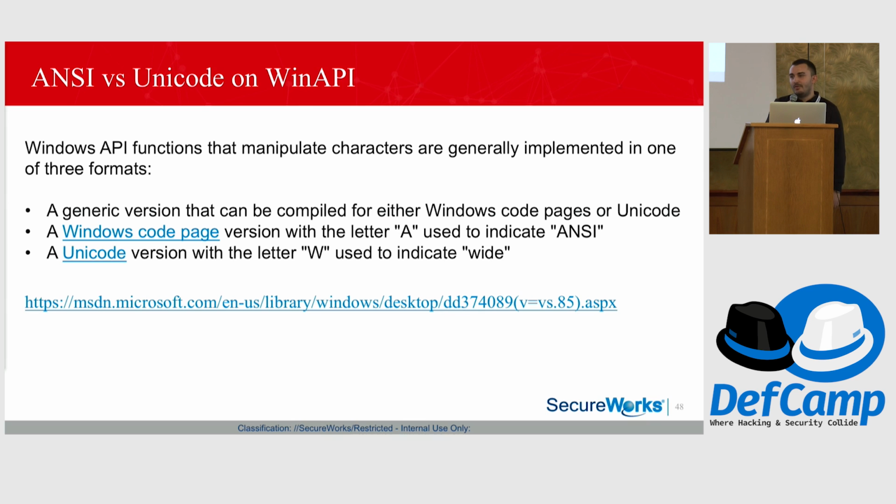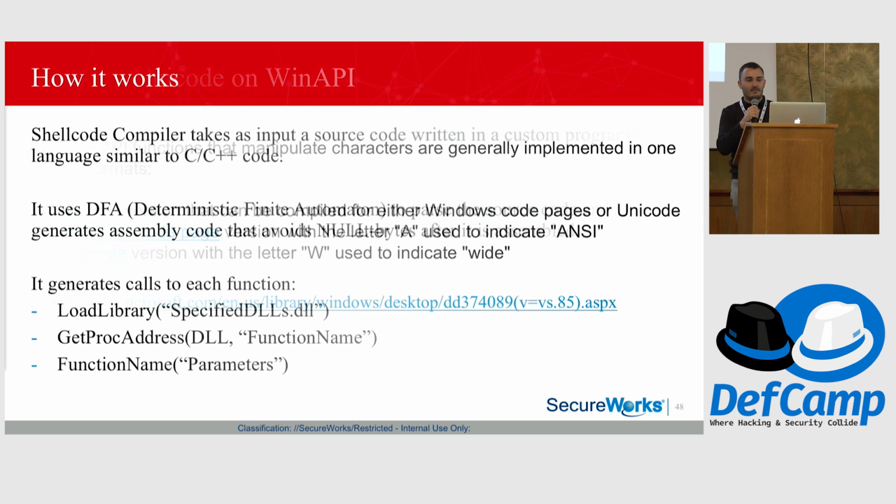This is for the Unicode support on Windows. So for the A version, URLDownloadToFileA, you will use ASCII characters. And for the W version, you will need to use the Unicode version of that string. It doesn't have support for Unicode right now. So you should always use the A version of the functions at this moment.